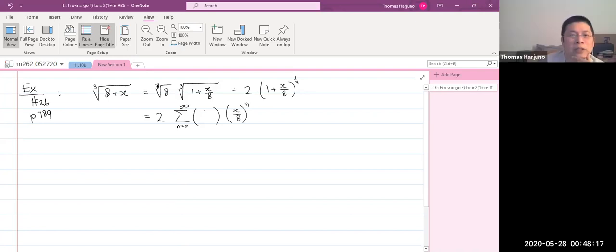But how about this guy? It says use table 1. Well, basically look at your toolbox. This will be the exponent 1/3, and this is n.